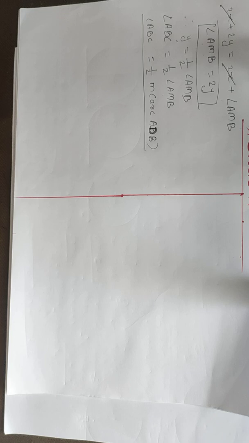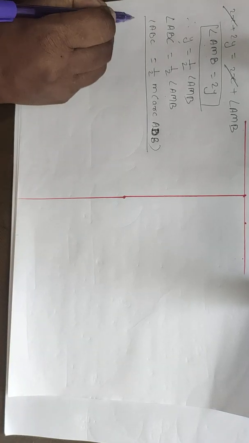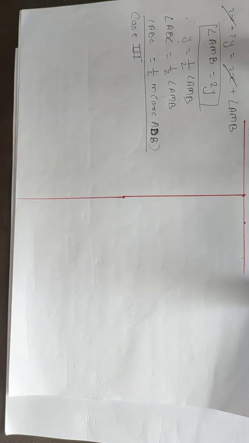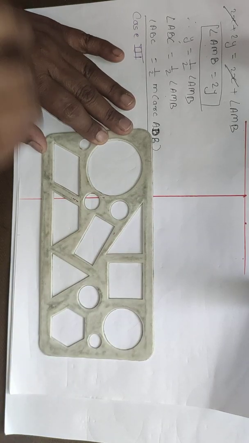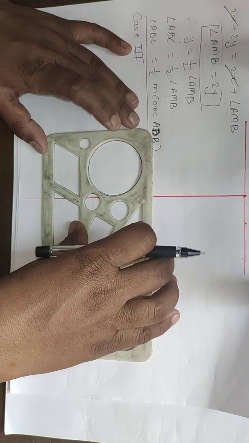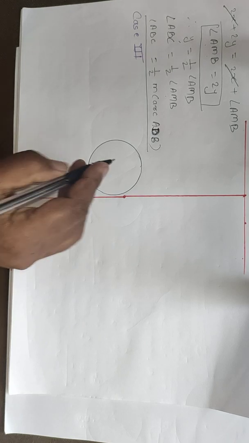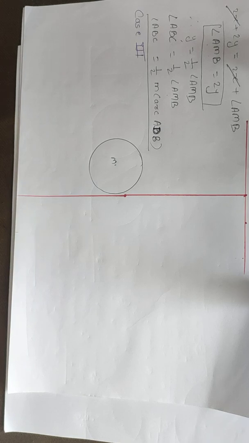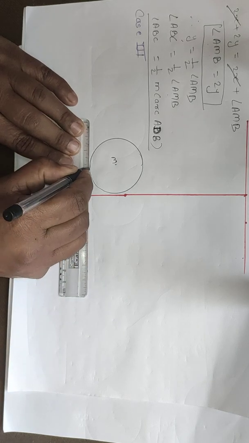So case third. For that we will draw the circle first of all. So here it is a circle. And the third case is that the center of the circle, M, is in the interior of the angle ABC.